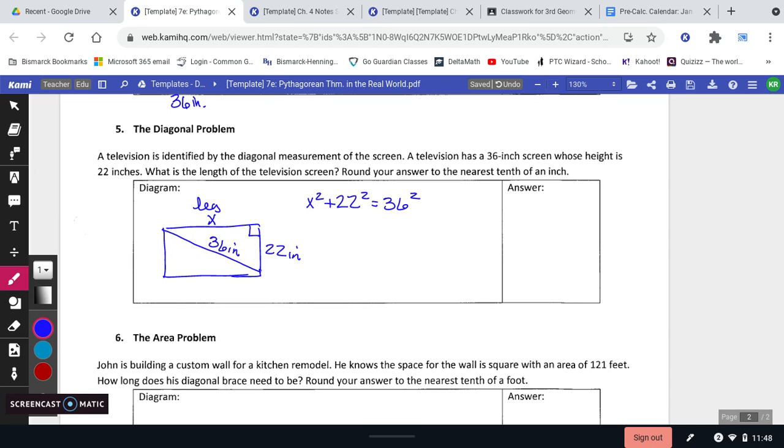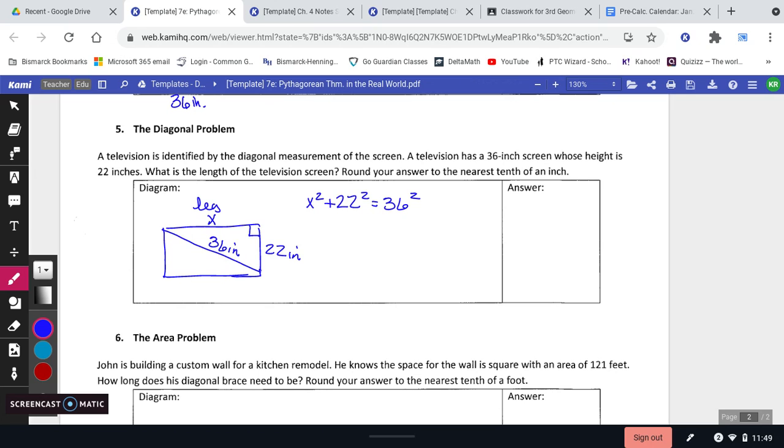Okay, now the reason I bring this up is I was looking at some of the homework that you were turning in on the Pythagorean theorem, and there's a couple people that weren't paying attention to the fact that in a couple of those problems, you were given the diagonal. So what you were solving for was a leg. So you want to make sure that you have the diagonal, the hypotenuse, in the right place.